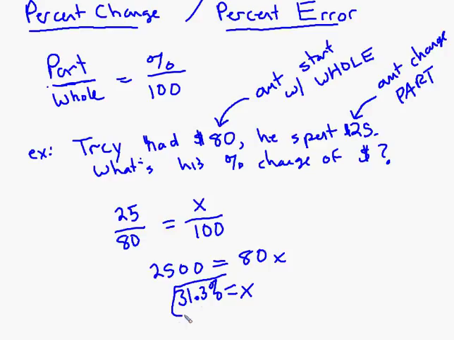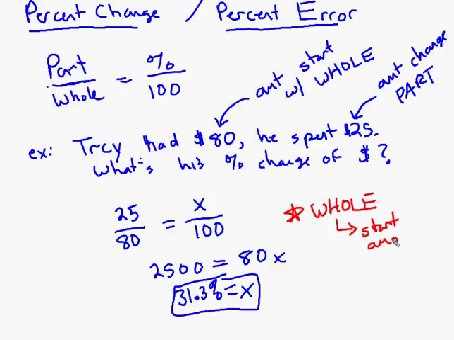That's with rounding. So the key to any percent change problem is the whole is whatever you start with, and the part is the amount it changed.